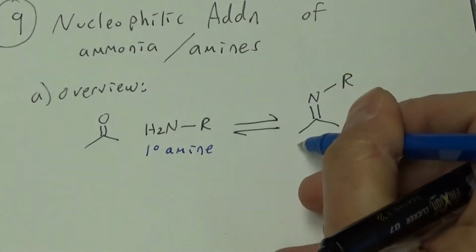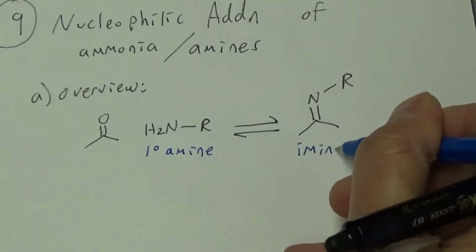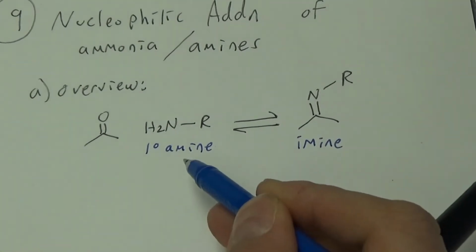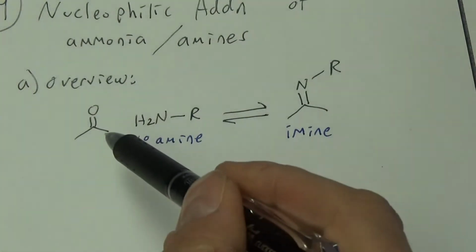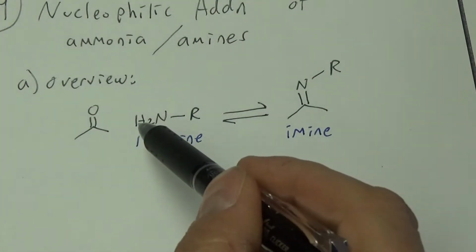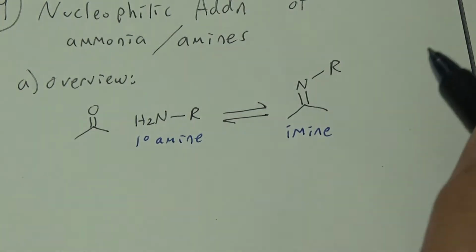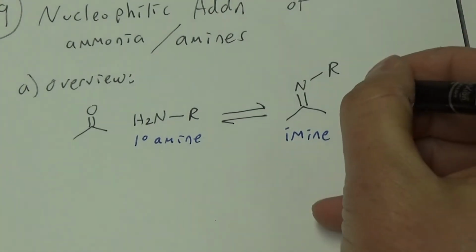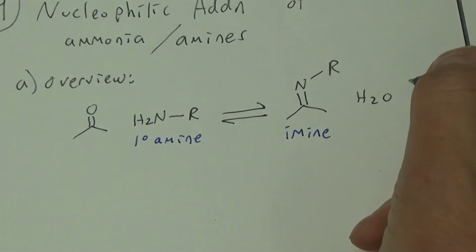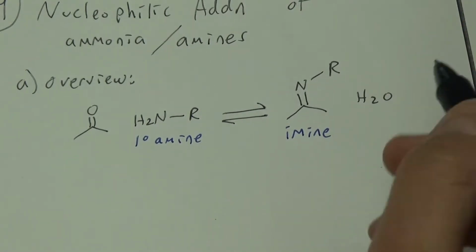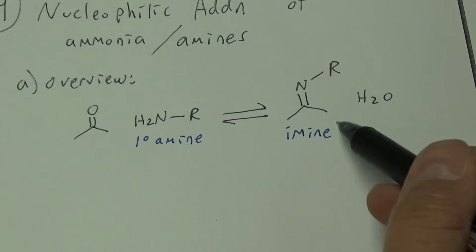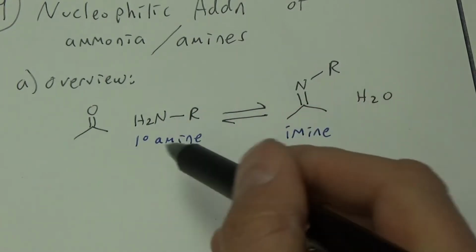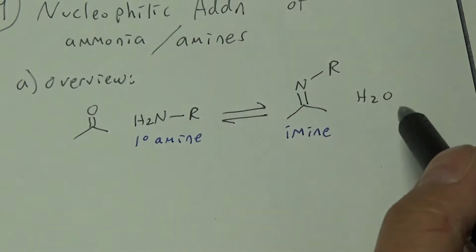This is called an imine. We went from a primary amine to an imine, and what do you think the byproduct is? We lost O and two H's, so you might guess it's water, and it is water. So we're actually losing water in this mechanism. It's a dehydration mechanism, meaning water is being lost.